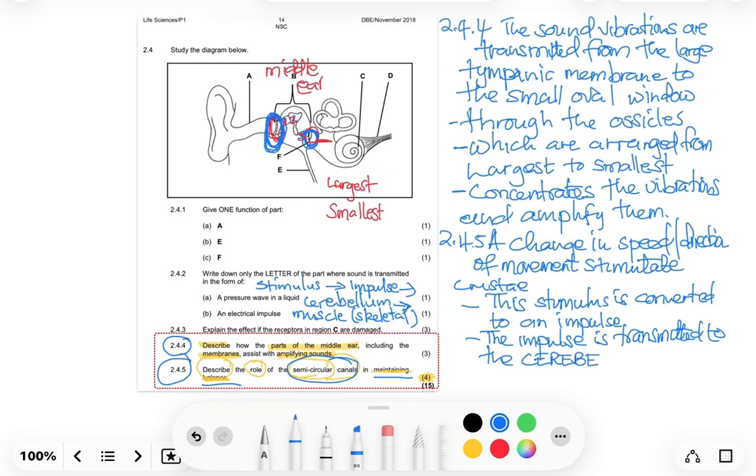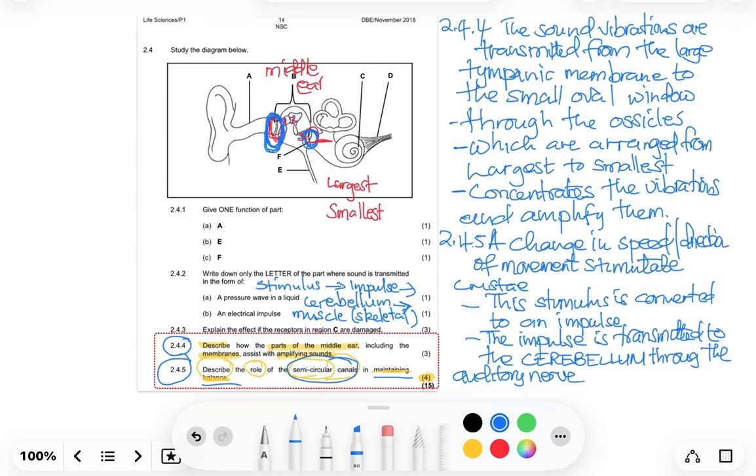The cerebellum, the second largest part of the brain, is responsible for maintaining balance. How is this impulse transmitted to the cerebellum? It is through the auditory nerve.